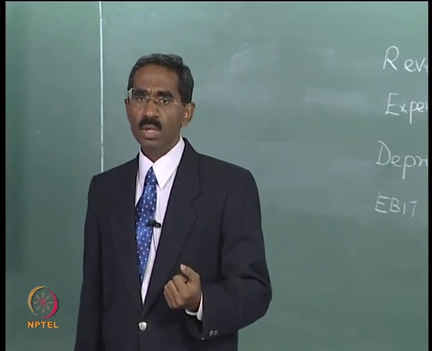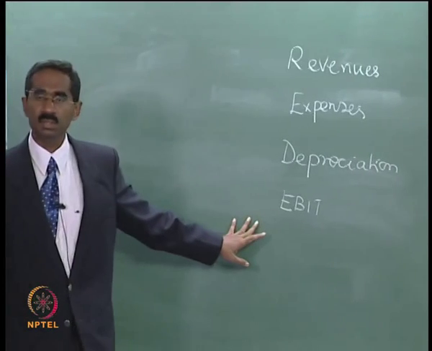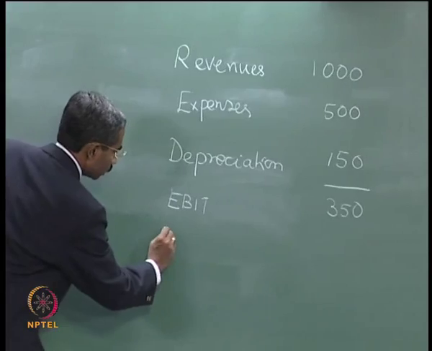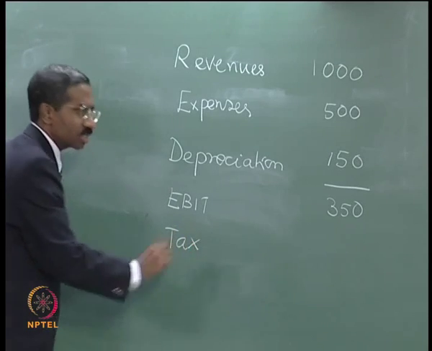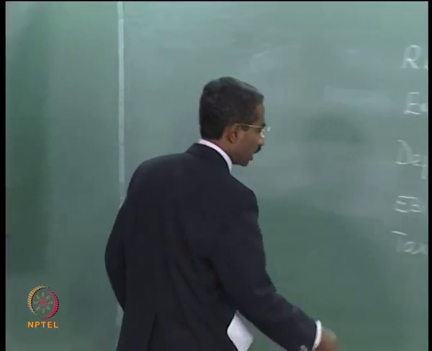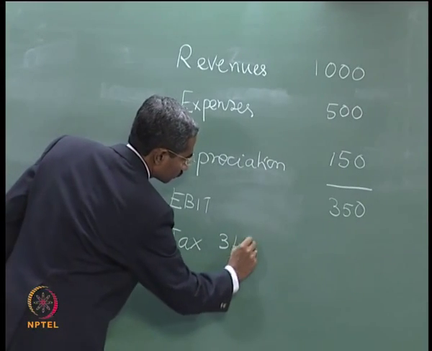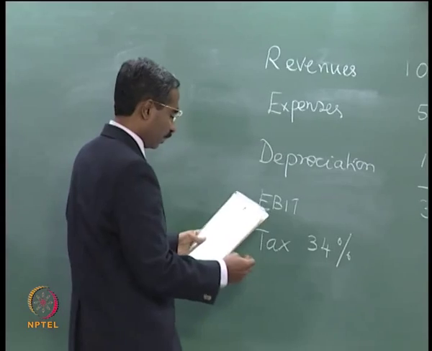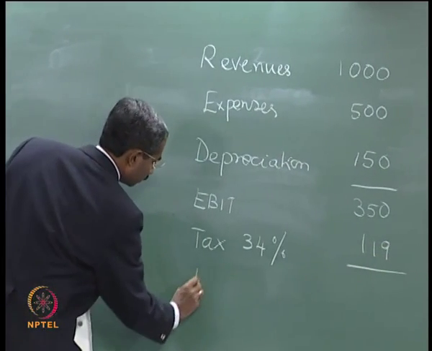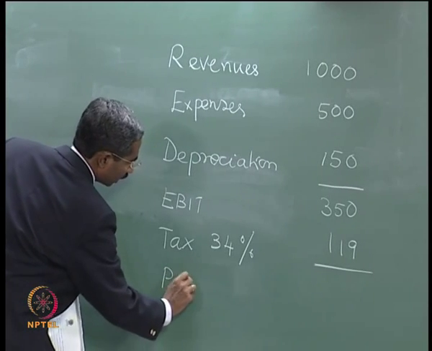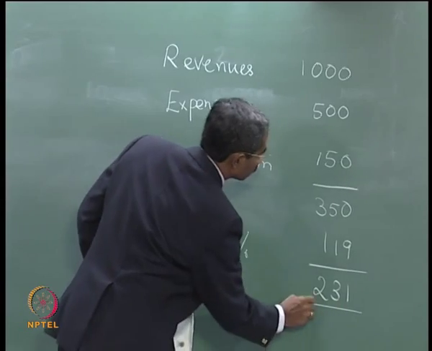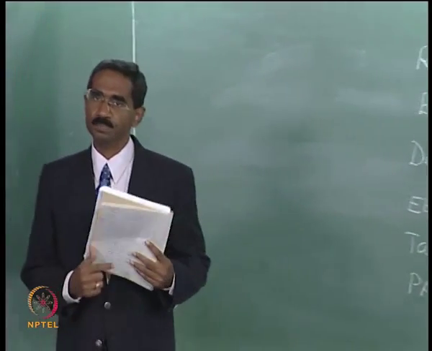So we straight away determine the tax payment that needs to be made on this income. If you assume that the tax rate on this income is 34%, then we pay a tax of 119, and the profit after tax becomes 231.